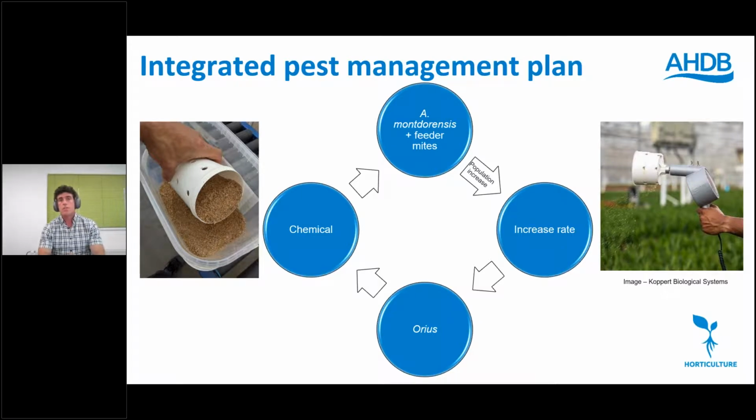So starting at the top, I've got the Amblyseius montdorensis, and my plan assumed that the population would increase again, and I would then have to increase the rates of the Montdorensis. And then the next stage on from that was to introduce some Aureus.